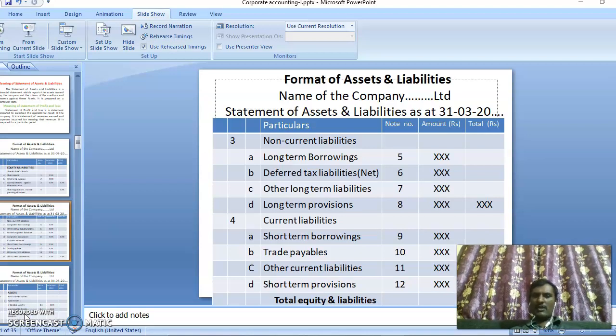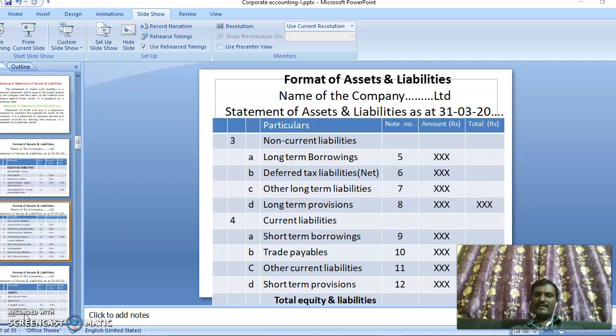One is long-term borrowings. The long-term borrowings are the borrowings which are not settled within a period of 12 months. Such things are to be taken here. The next is the deferred tax liabilities. It is net. It means we have to subtract any amount of deferred tax assets, and the balance is to be taken in this section.